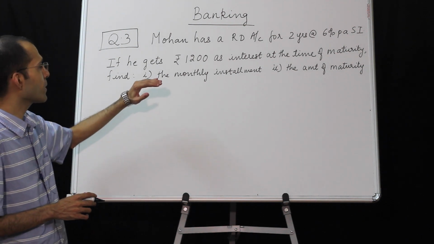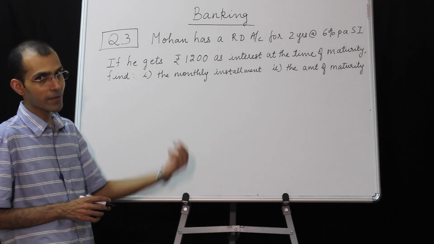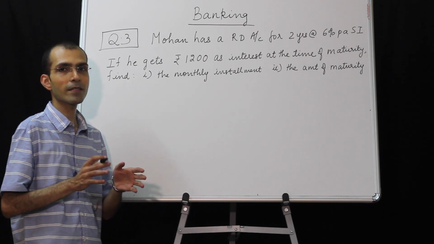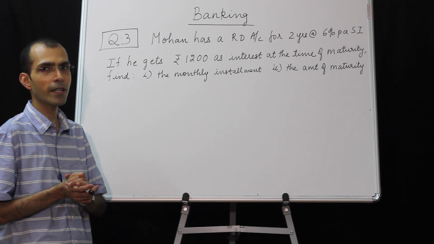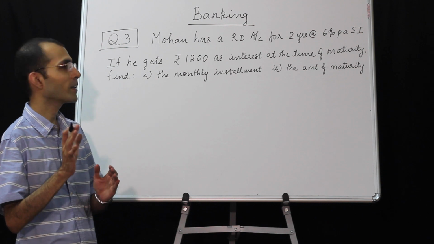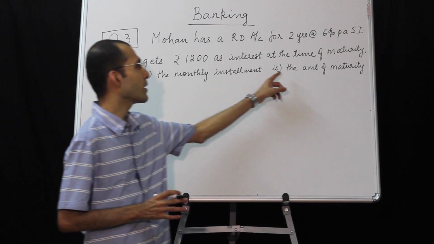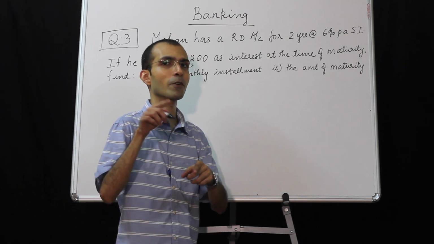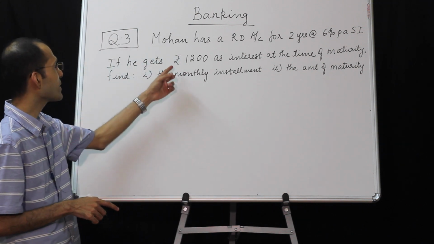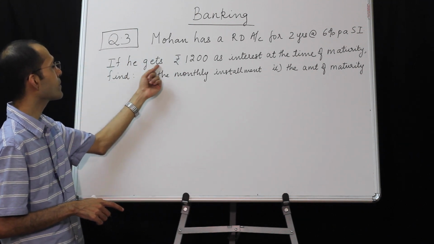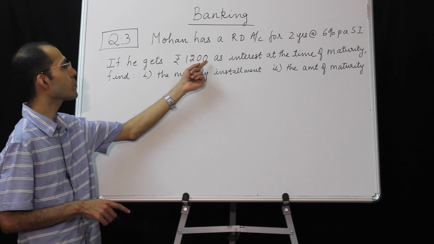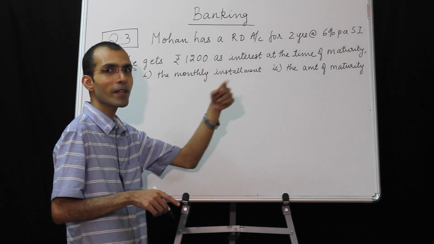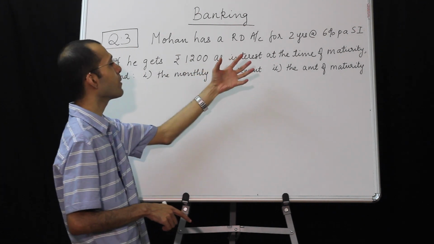Note the difference between this particular sum and the previous sum. In the previous sum, 67,500 was the maturity value. Here, amount of maturity needs to be found out. What is given is, if he gets rupees 1,200 as interest at the time of maturity.